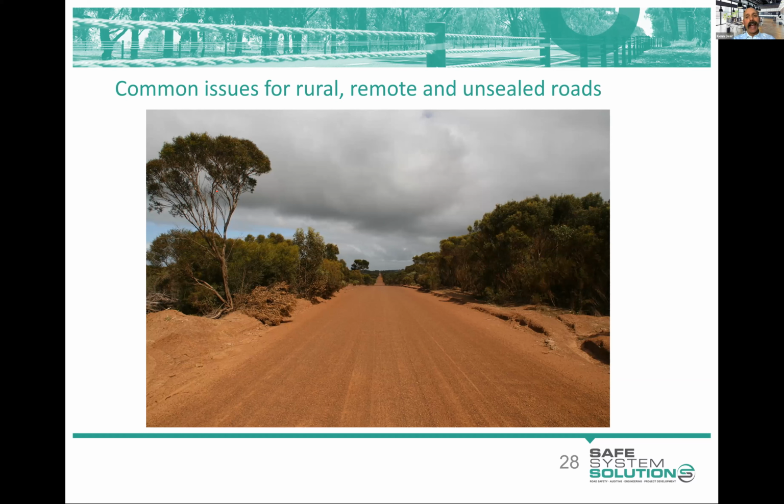You can't do different sort of local area traffic management style treatments, although you can do small patches of sealed road with traffic calming if you have a particularly unique situation. We see a bit of that for different residential areas with some of these unsealed roads where there's been some different things happening in that space.